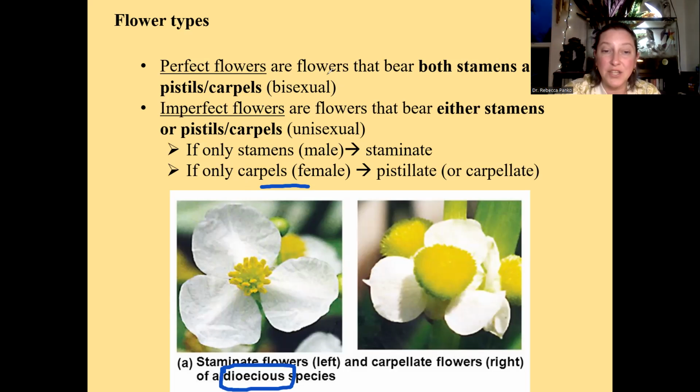So if you have a dioecious species, you always have imperfect flowers. Always. If you're a monoecious species, which is not on here, either you will have perfect flowers or on one plant, you'll have both types of imperfect flowers.